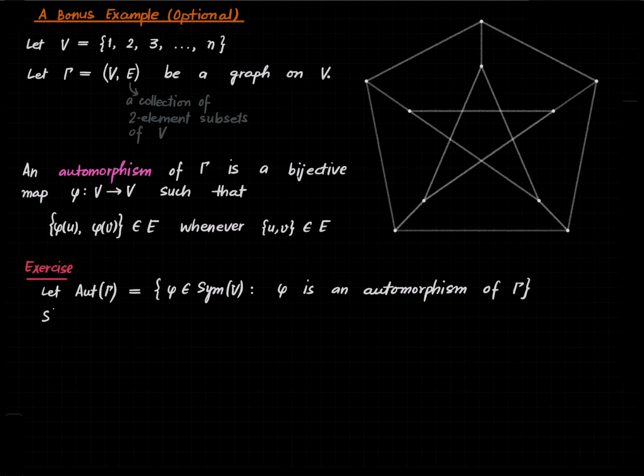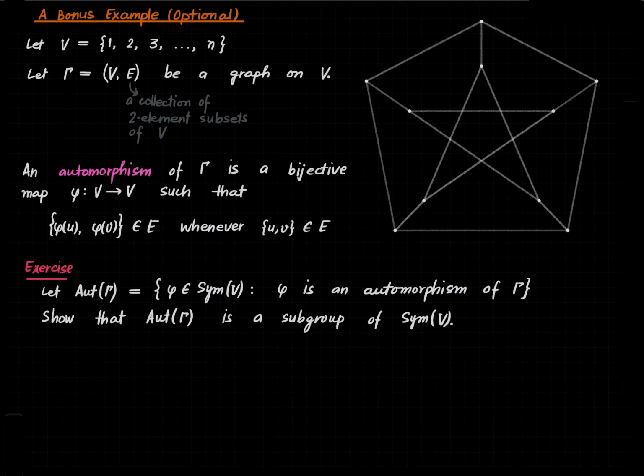Show that Aut gamma is a subgroup of the symmetric group on, or the permutation group on V. Recall, this notation stands for the set of all bijections from V to V, which is a group under composition, and we have created a subset of it, right? Clearly this is a subset of it. Exercise is to show that this is a subgroup of this.